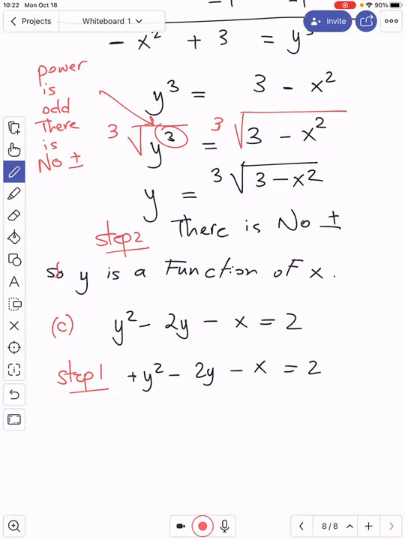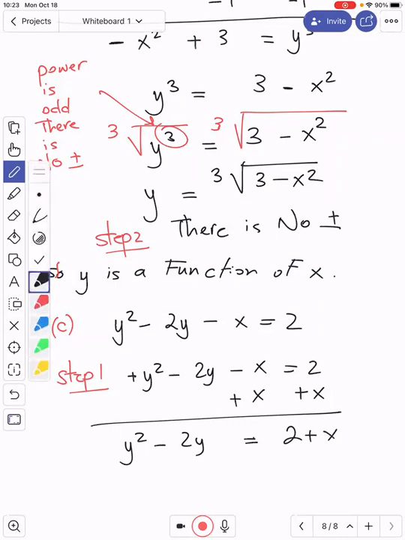So you have y squared minus 2y minus x equals 2. Here, this is plus y squared, so I'm just going to keep the y on the left side. We can add x to both sides, so this is y squared minus 2y equals 2 plus x. Now the left side, as you can see, is not just one term. Be careful, guys.